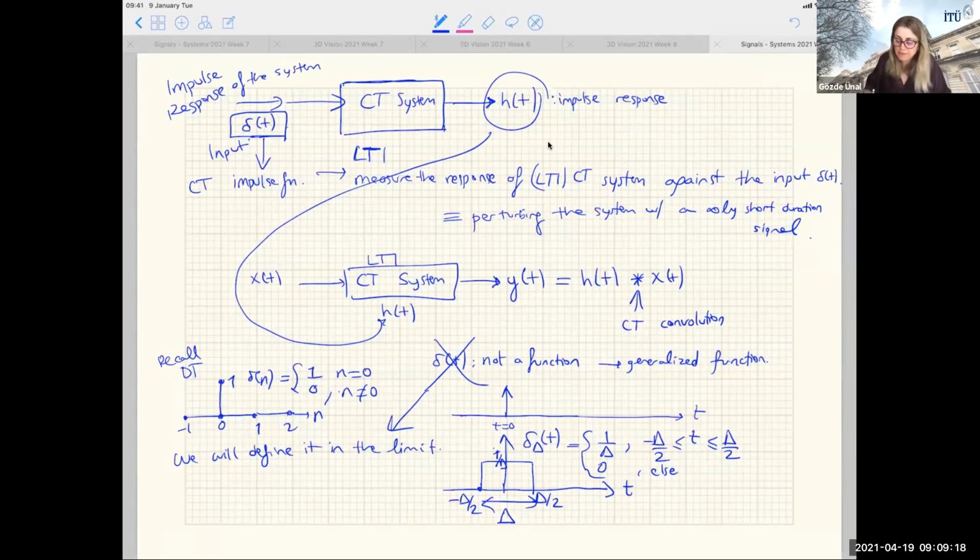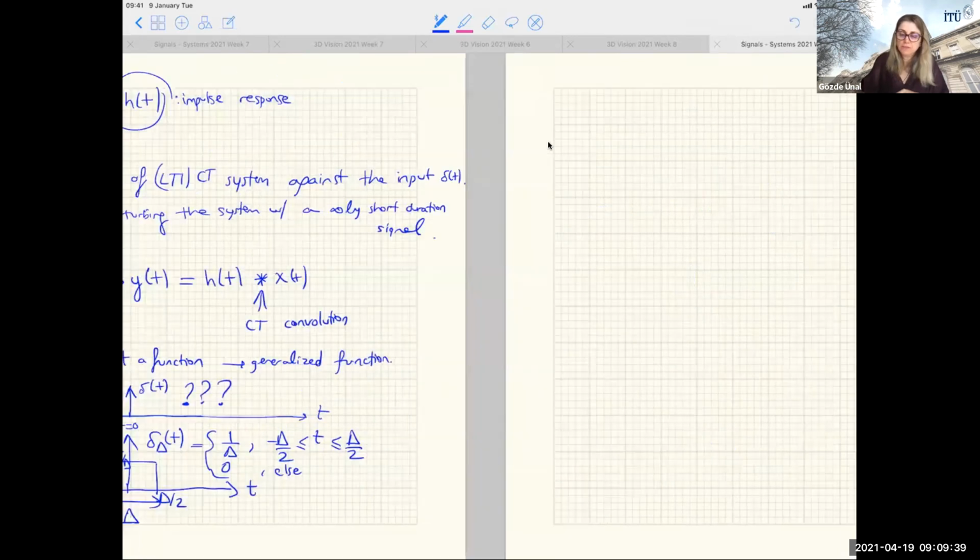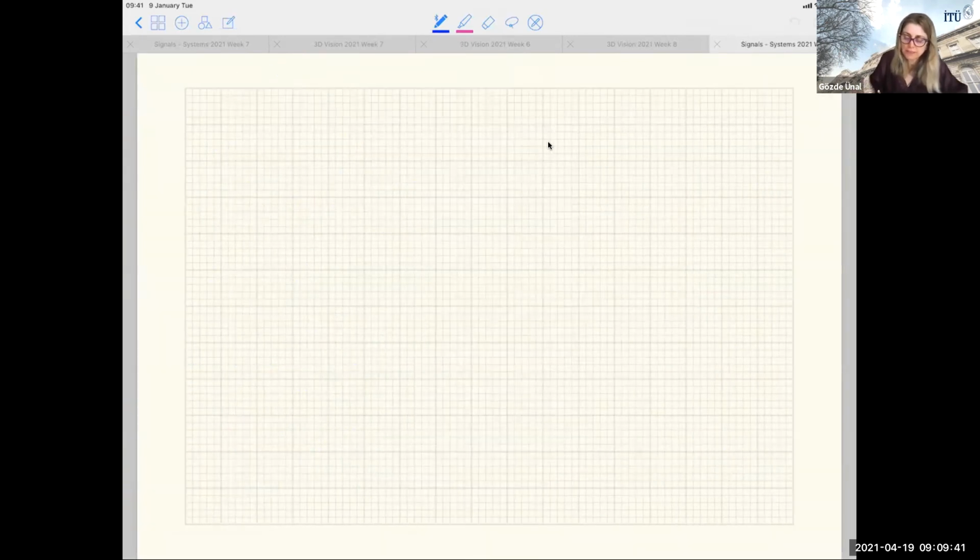You see, I said we will define it in the limit, right? We will make delta very small, take the limit and see what happens. And our goal will be to make this delta sub delta go to the function delta of t.